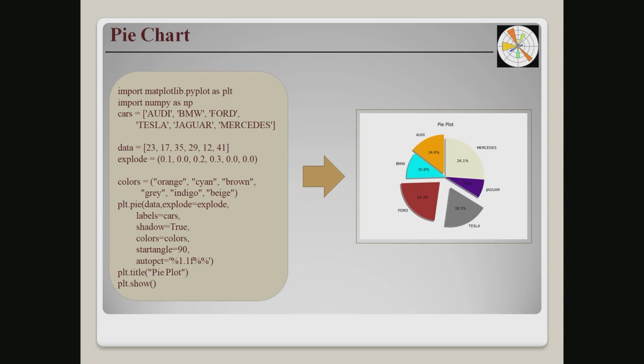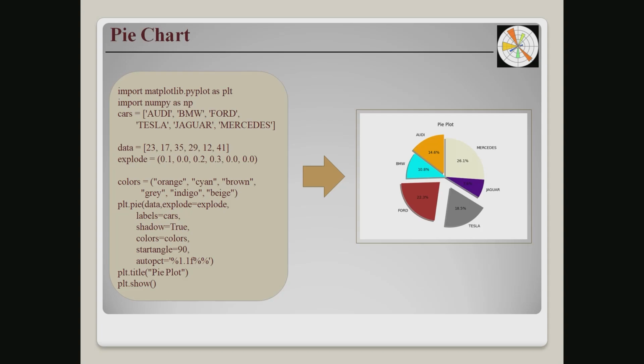Then autopct is for giving the percentage for each slice. For giving the percentage we are formatting it. So 1.1f denotes how much percentage of the data that slice has. To denote that we are giving autopct.